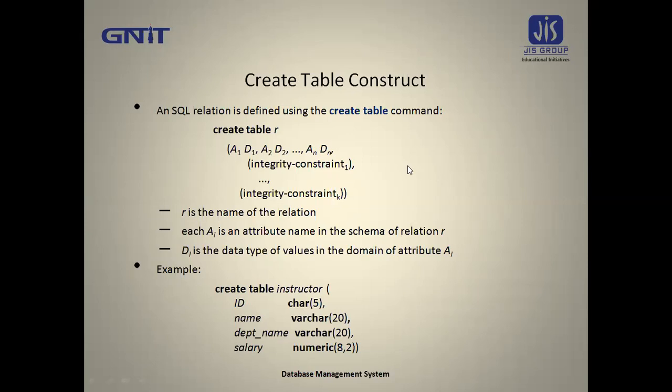Look at the structure: create table R, where R is the relation name, A1, D1, A2, D2, where A's are attributes and D's are data types. You can have n number of attributes and data types, then you can have constraints for each of the attributes.